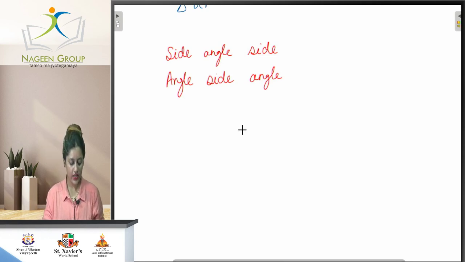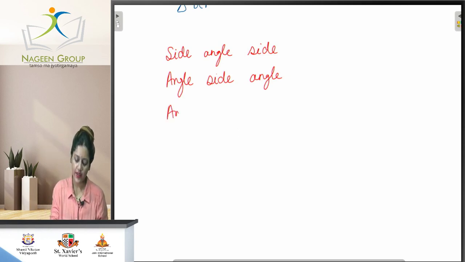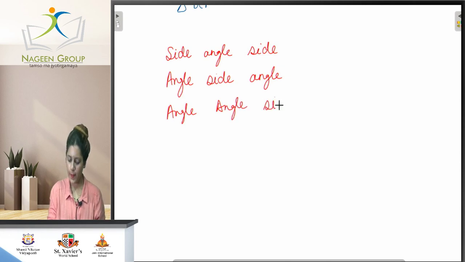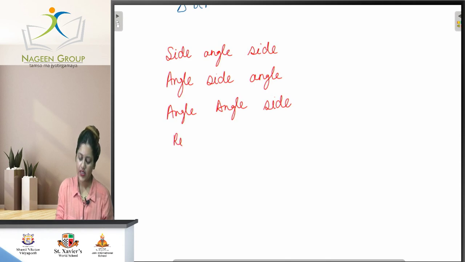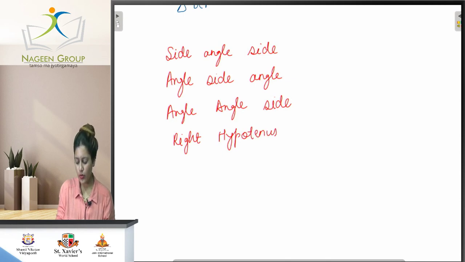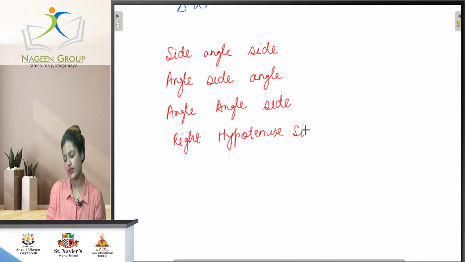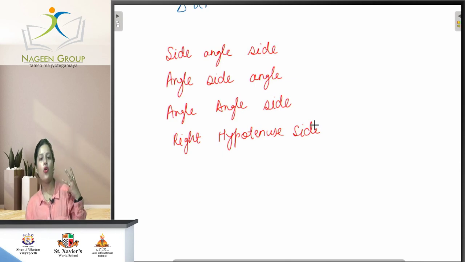Third one is angle angle side. Next one is RHS, right angle hypotenuse side. Mainly these are the four criteria that show that triangles are congruent.